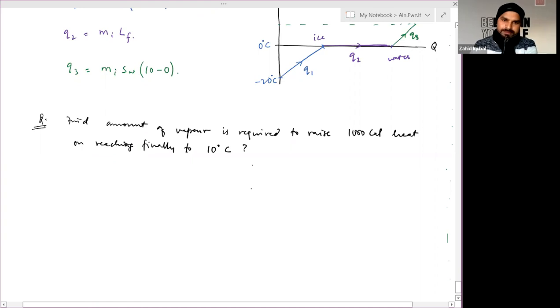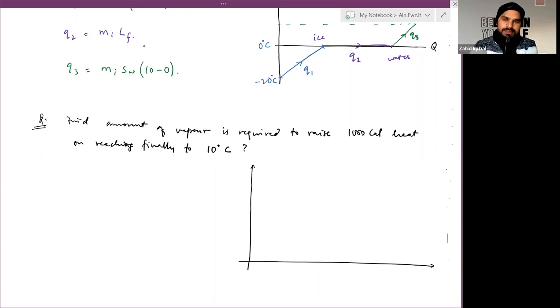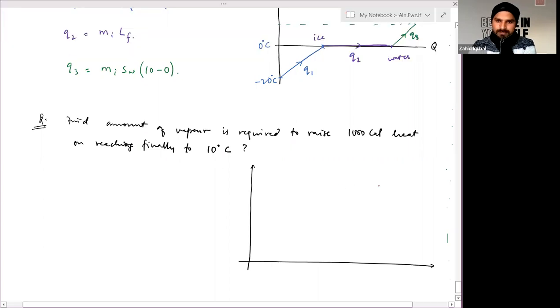It means we have steam or vapor which is initially at 100 degrees Celsius. So it may condense from vapor to water at 100 degrees Celsius, and it will release an amount of heat during change of state, let's say Q1.